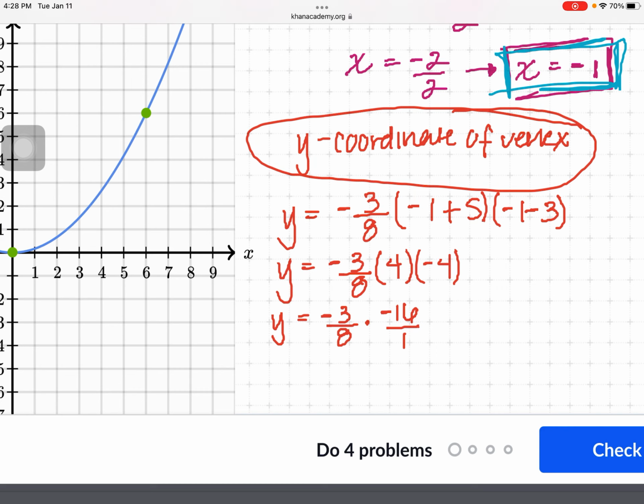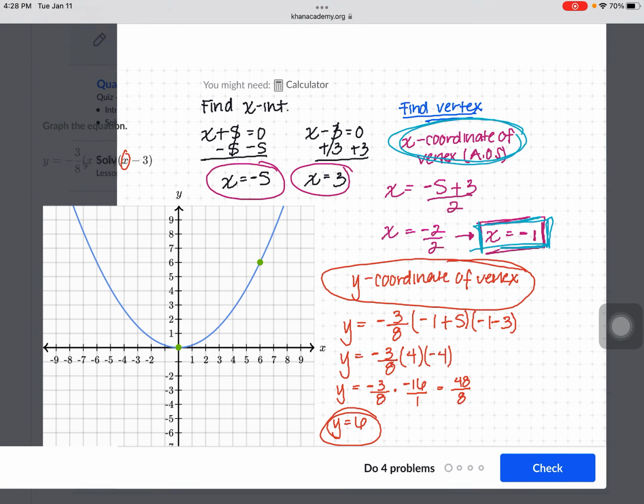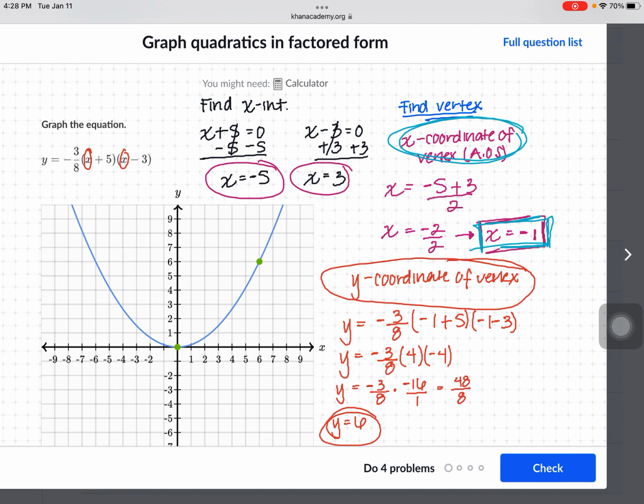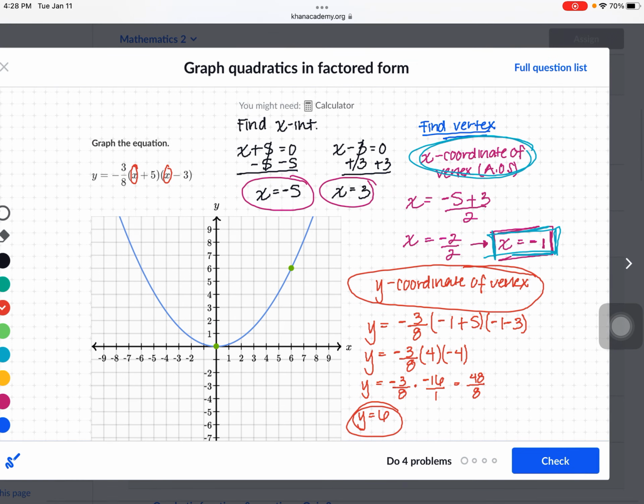Once again, I'm going to put this over 1, and we multiply top with top, bottom with bottom. Negative 3 times negative 16 is a positive 48, and 8 times 1 is 8. 48 divided by 8 is 6. So in this case, the y-coordinate of the vertex is 6.